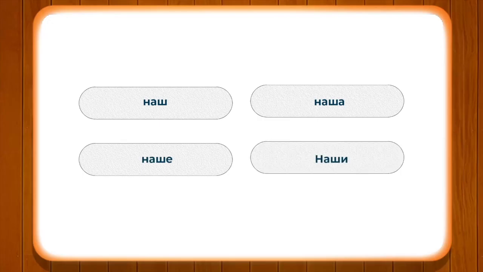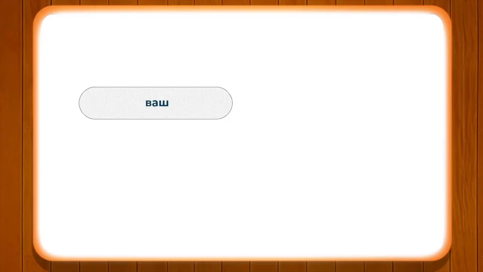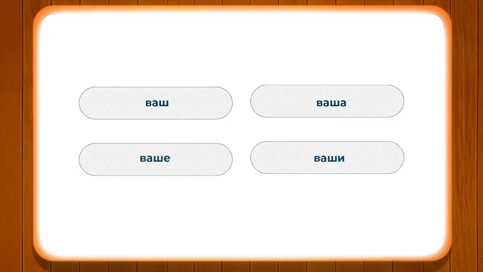Here again, наш means ours. So наш masculine, наша feminine, наше neuter, and наши plural. Alright, now let's go ahead. Here we have vash, vasha, vashe, and vashi, yours. Okay, now let's go ahead.